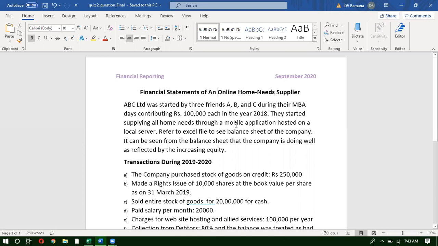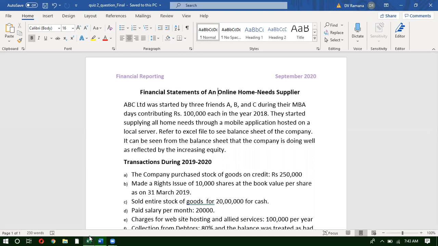It was started by three promoters, A, B, and C, in the year 2018, with each one contributing a capital of 100,000. They started supplying all home needs through a mobile application which is hosted on a local server.